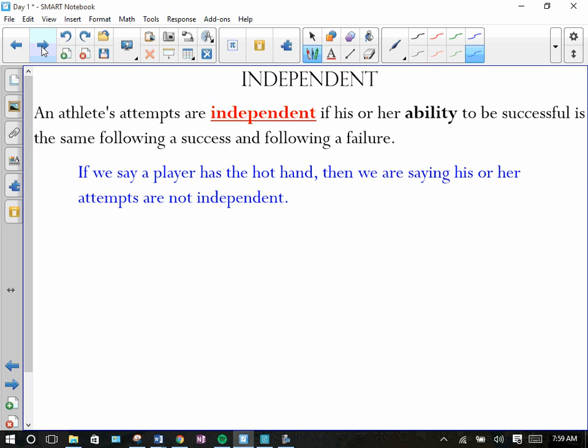My ability is not going to increase after a make or a success, and it's not going to decrease after a failure or a miss. So if we say a player has the hot hand, then we are saying his or her attempts are not independent. If Dominique has the hot hand, we're saying that what happens on this shot affects what happens on the next shot.